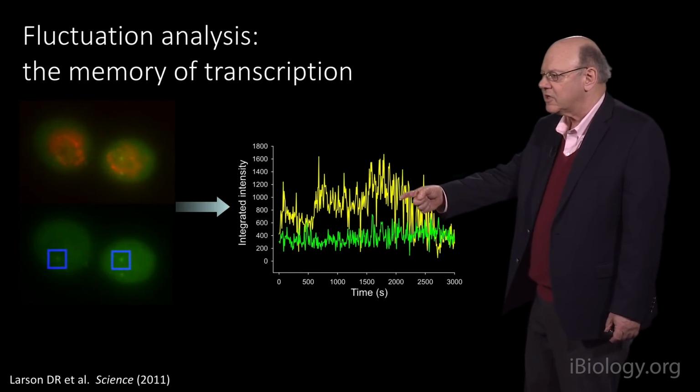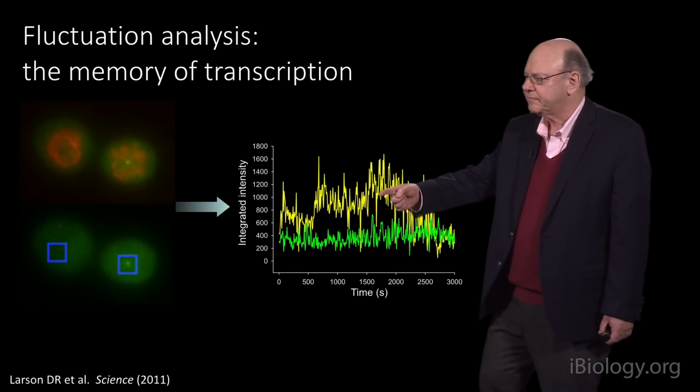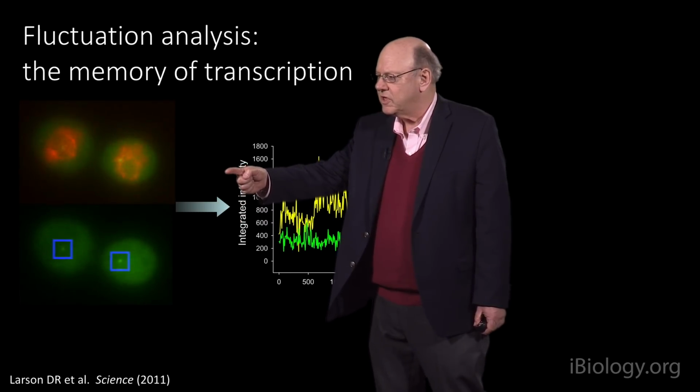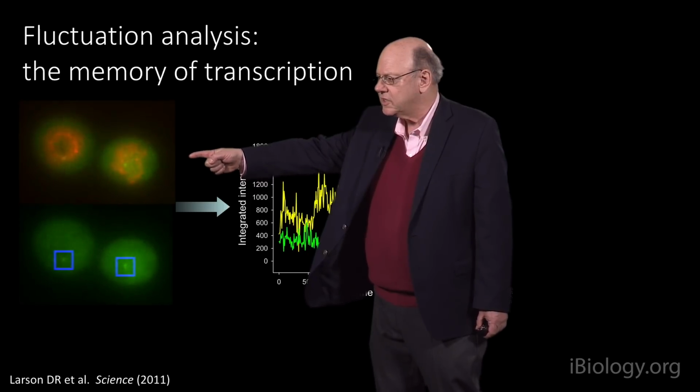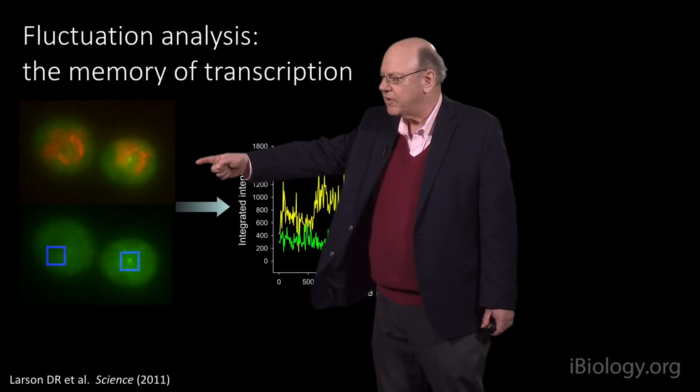Here is actual data from yeast transcription. In this example, we have yeast where the nuclear pores are tagged with a red dye, and inside them you can see that little spot fluctuating around.